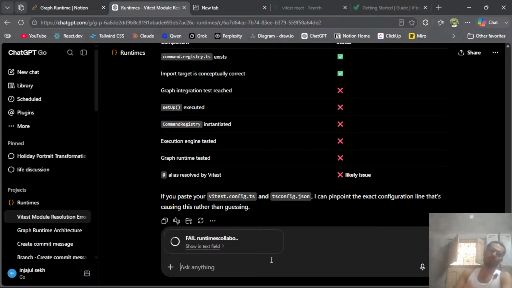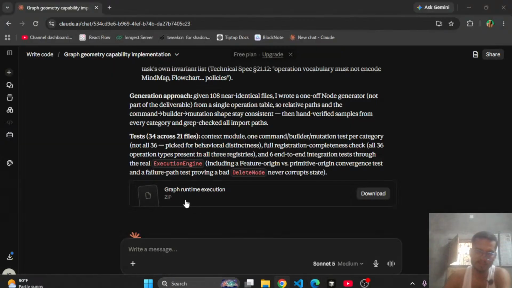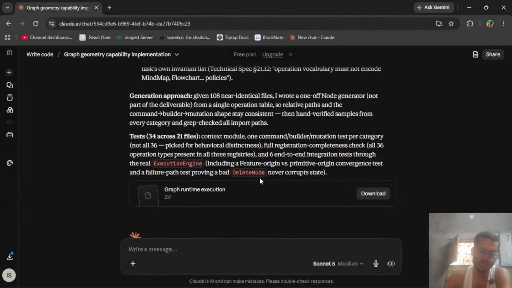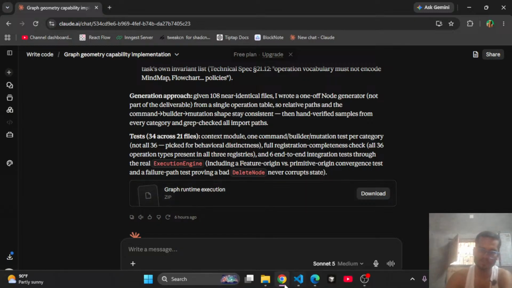So when you are generating or integrating a code base, you have to make sure your components are integrated. If you look at it, Claude creates the entire graph runtime execution.